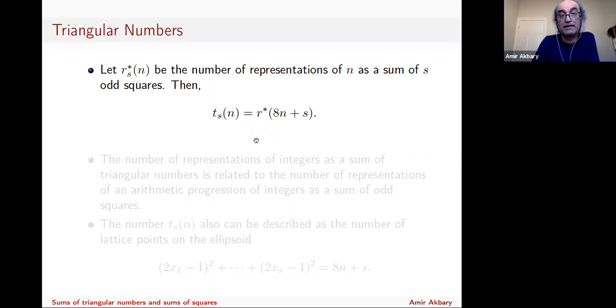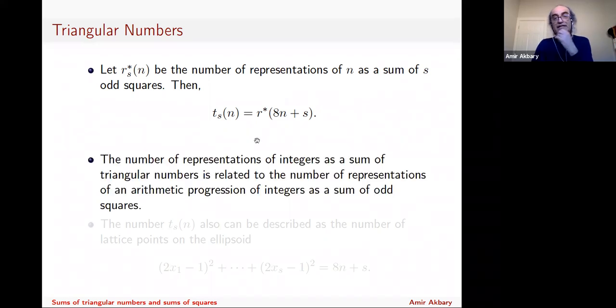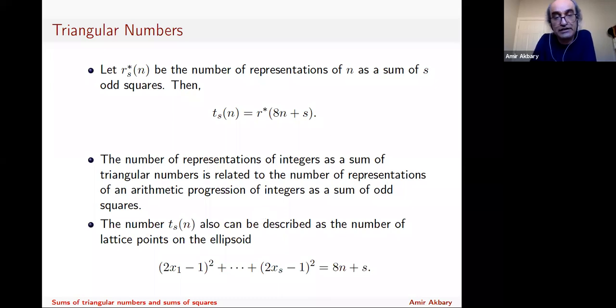So we can see that there is a relation. The number of representations of an integer as a sum of triangular numbers is related to the number of representations of an arithmetic progression, by which I mean 8n plus s, as a sum of odd squares. Also, the number tsn can be described as the number of lattice points on this ellipsoid.